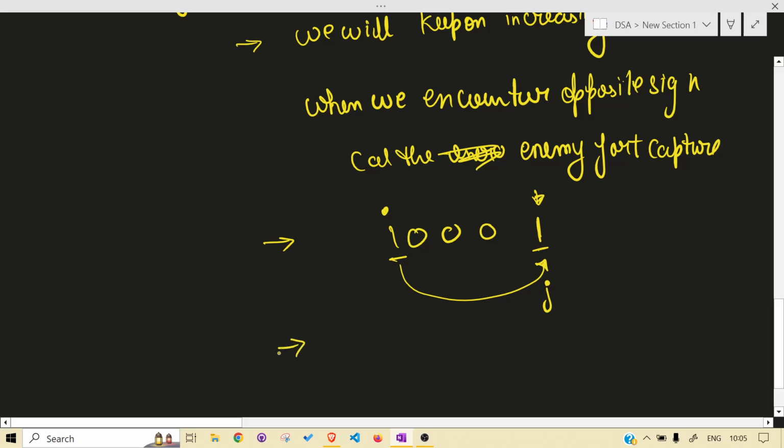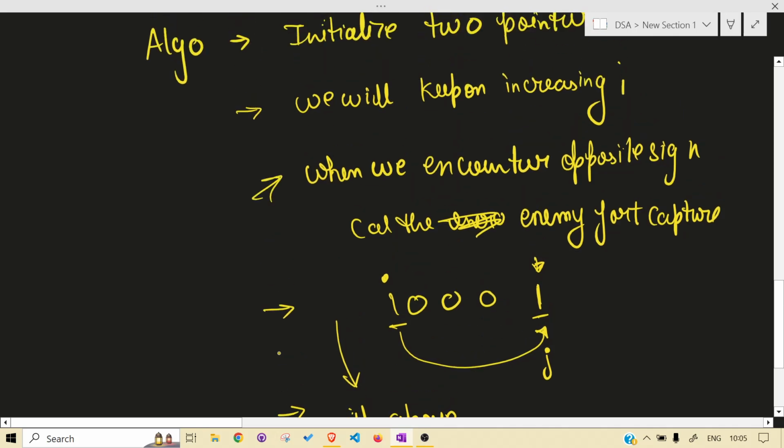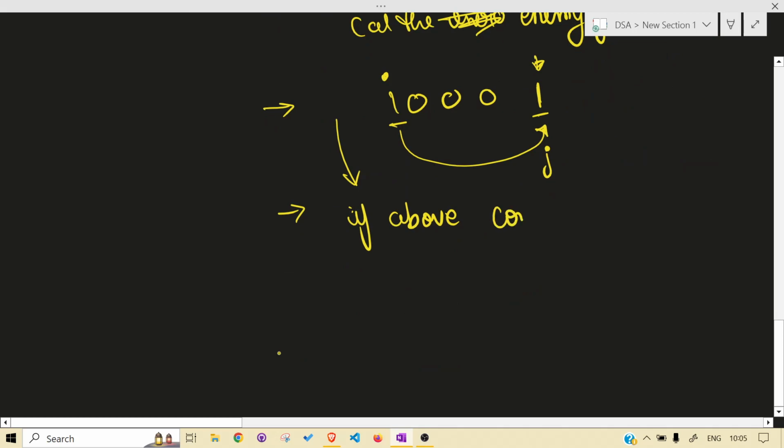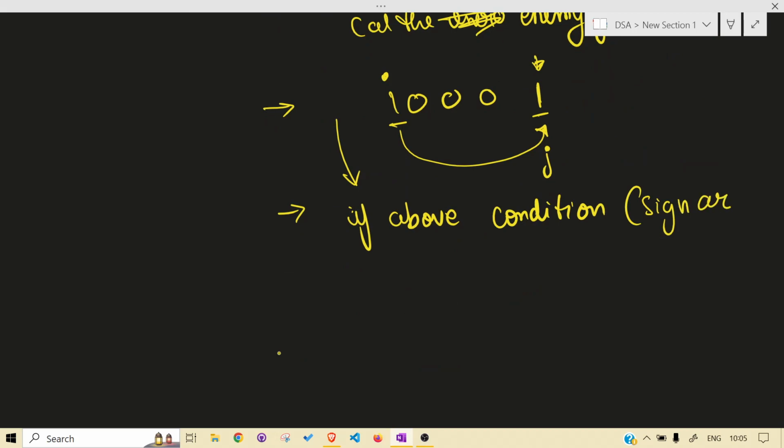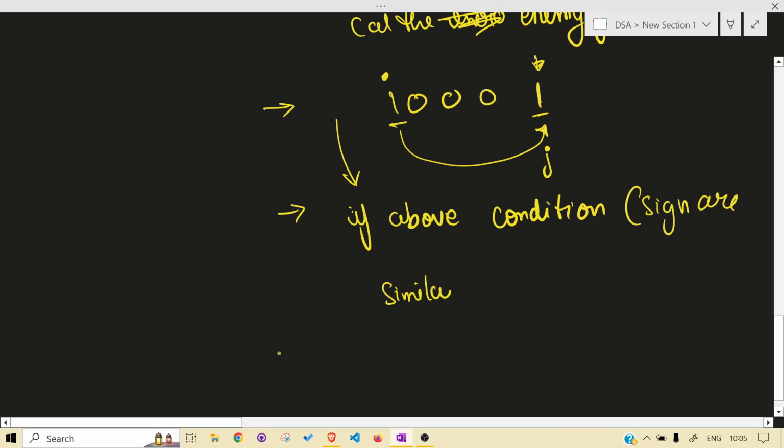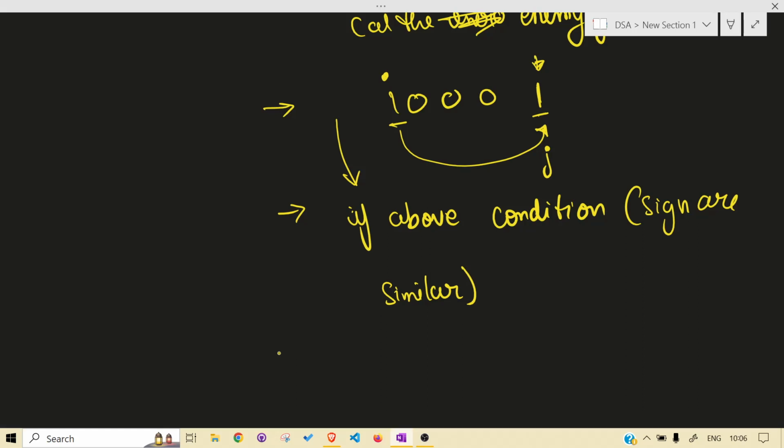What we will do, I'm writing over here: if the above condition fails, that means the signs are similar, then we cannot find the enemy forts that we have captured, because it would overrule the basic condition that we have to start from our fort and stop at an empty place, not at a fort.